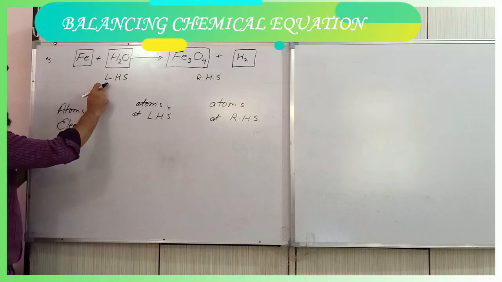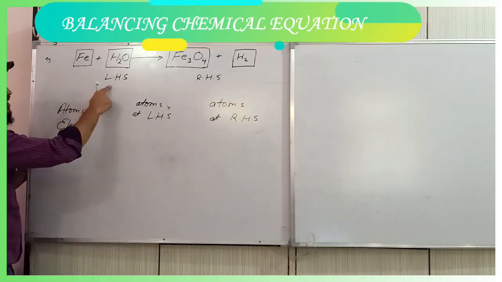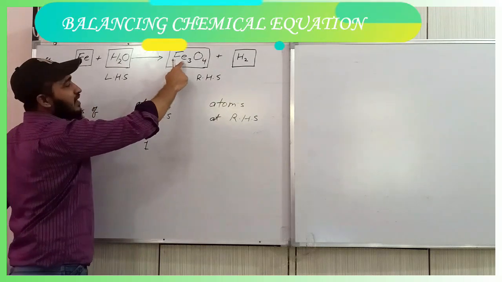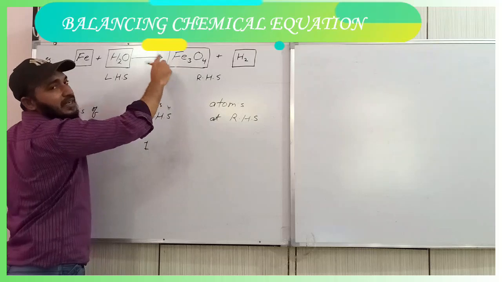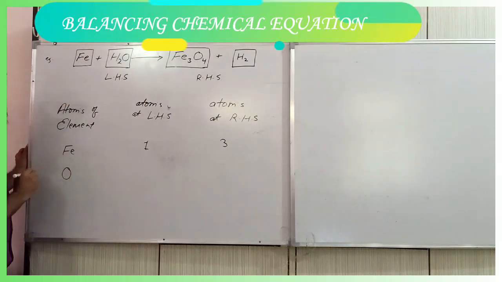First we check the left hand side. Iron atom. How many iron atoms on the left hand side? Only one. How many on this side? It is 3 written, so we count it as 3 Fe. So Fe is 3.